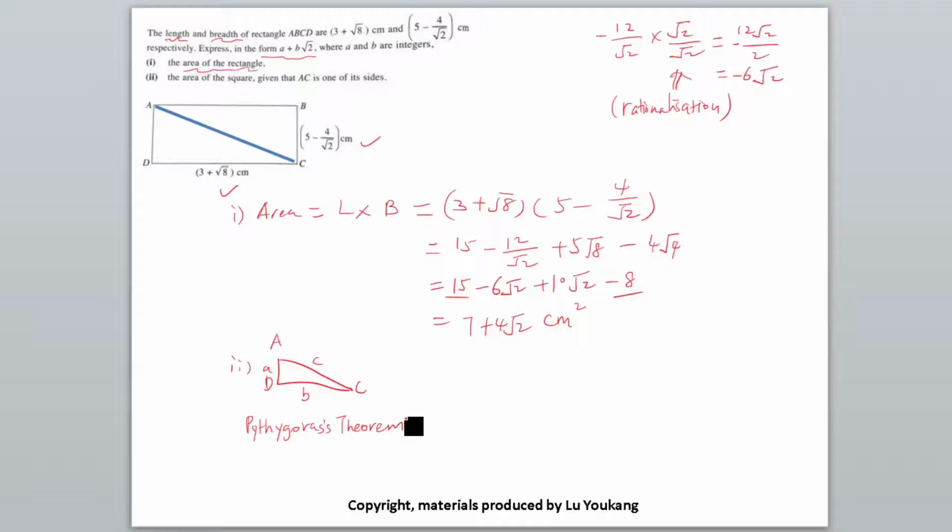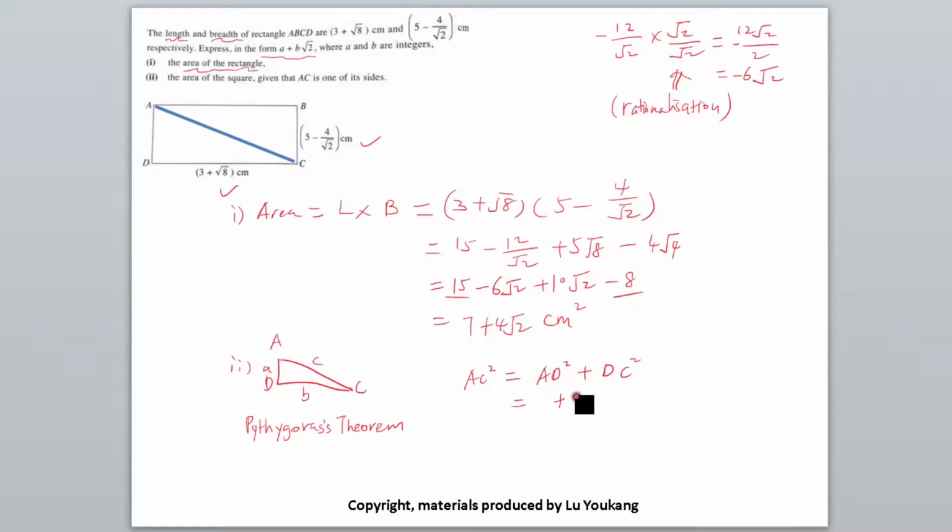So over here I have a right angle triangle, so I can continue to use Pythagoras theorem. So AC squared equals to my AD square plus my DC square, which I can take from the question.